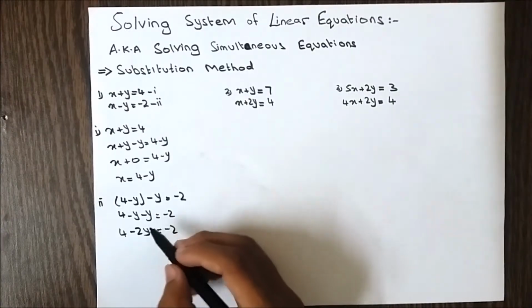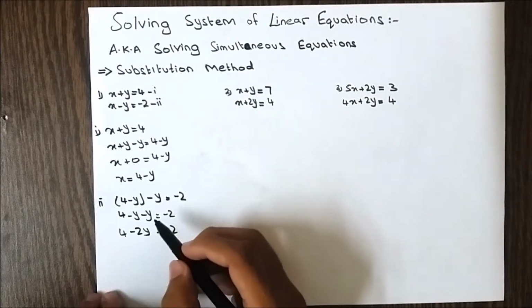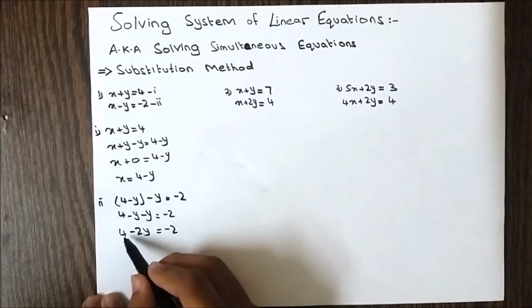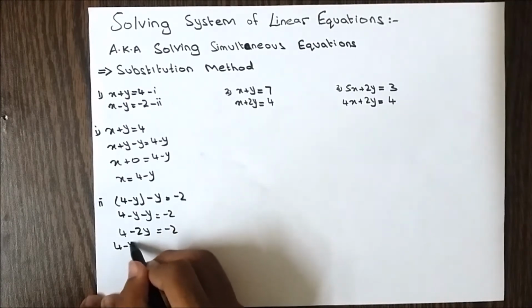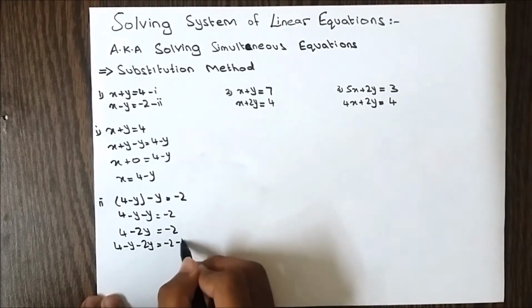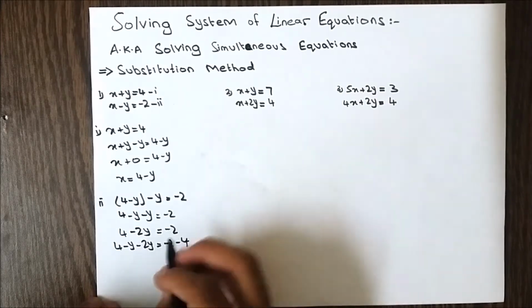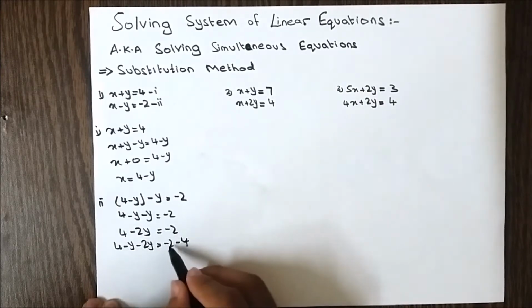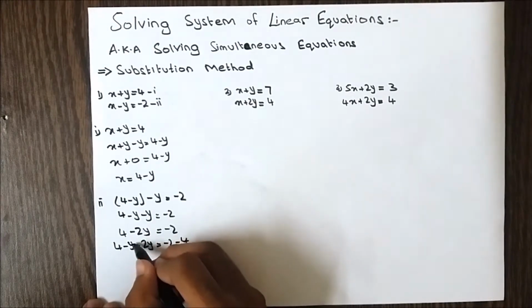And then, like we learned in how to solve linear equations, we have to get this y alone. So to get it alone, we subtract 4 on both sides. So 4 minus 2y equals minus 2 minus 4. Okay, it's actually minus 4.